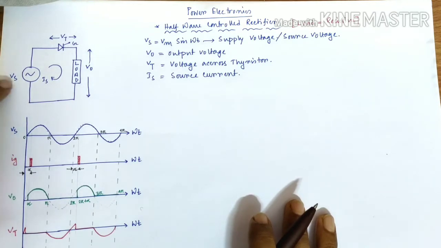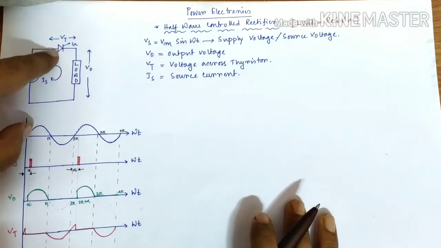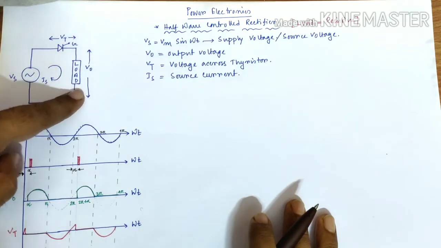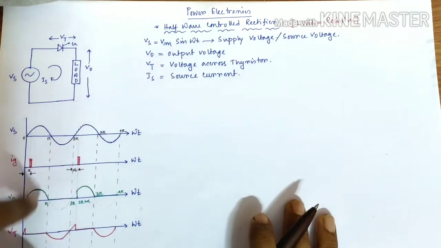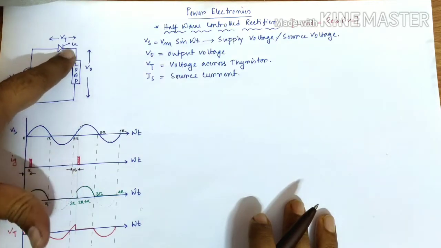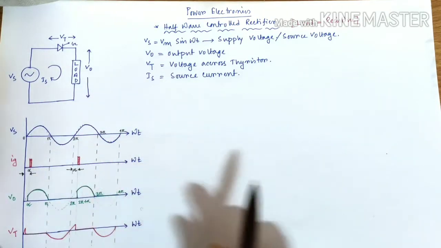If Vs represents the supply voltage or the source voltage, Vt represents the voltage drop across the thyristor, and V naught represents the voltage drop across the load, then in this diagram we explained the correlation between Vs, V naught and Vt when we apply gate current at the gate terminal of the thyristor at an angle alpha. So in the previous video we explained how this particular waveform can be drawn.